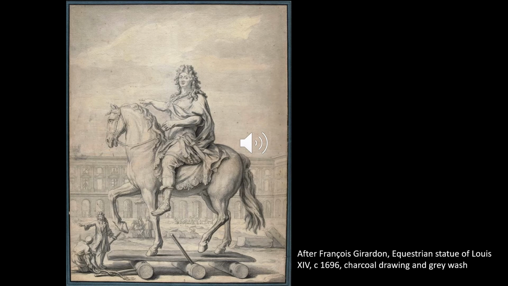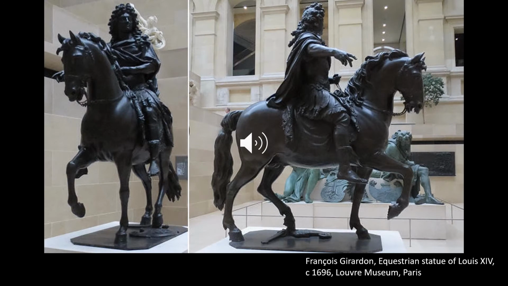Now, this original sculpture, the reason we're looking at a drawing here, was melted down during the French Revolution in the 1790s, so 100 years after it was constructed, and it was turned into bullets as the population turned against the monarchy. A much smaller scale version of Girardon's design lives at the Louvre Museum in Paris today.